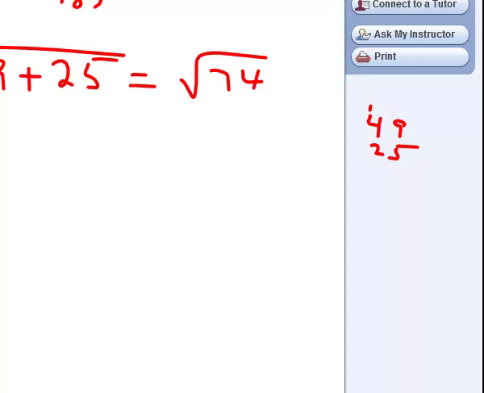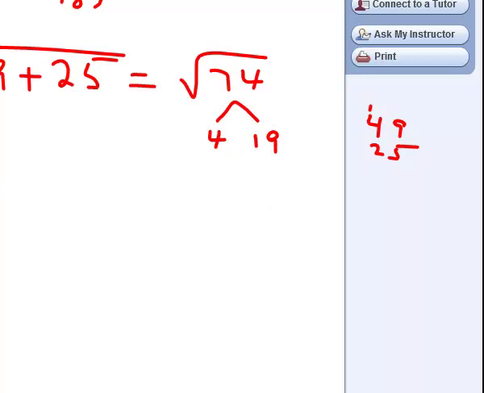Okay? And so you always want to see, especially if you have an even number, if you can get an even square root out of that. The easy way to do that is, for the larger numbers, go ahead and divide by 4. And we see that the square root of 74, when we divide 4 into that, we get 19.